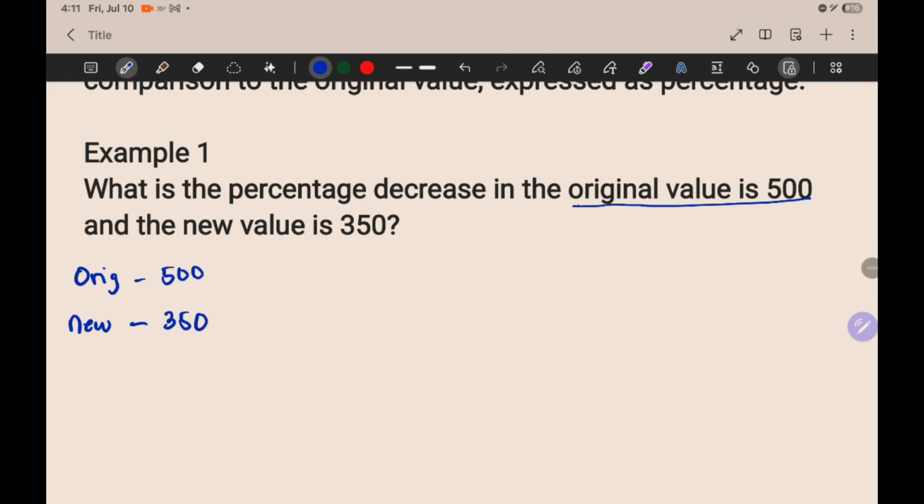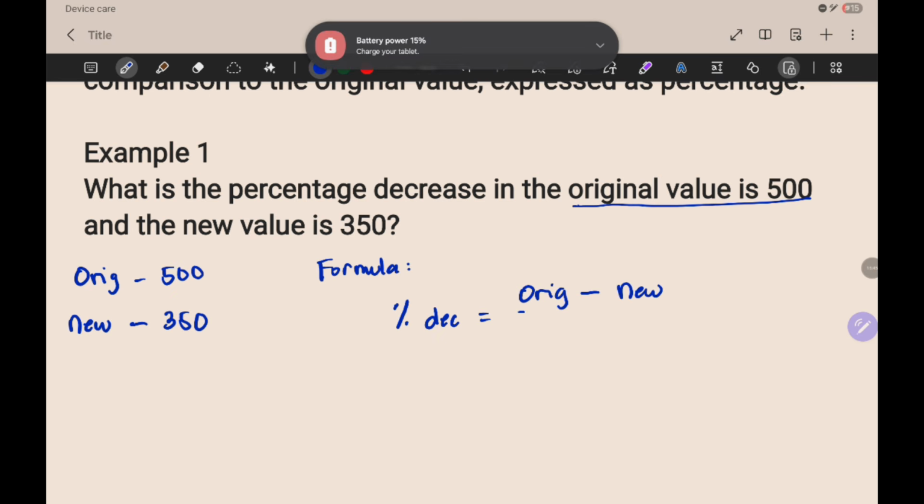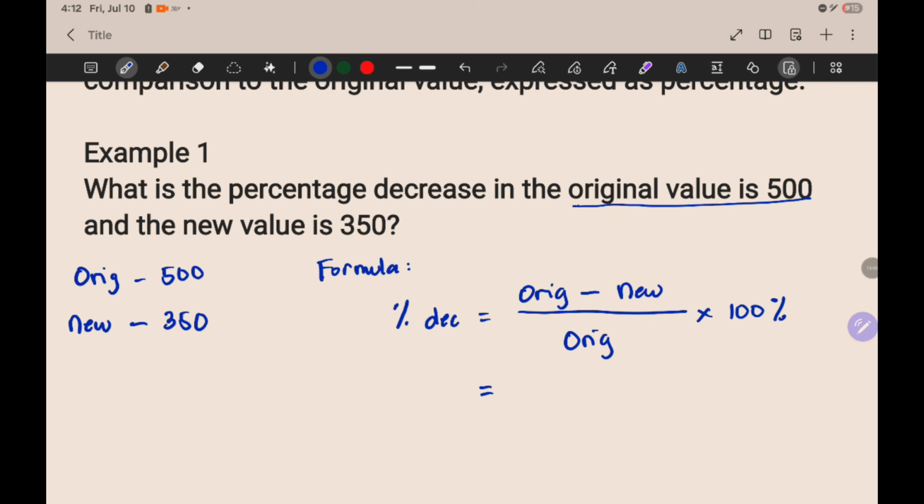So, now, ano yung formula na gagamitin naman natin? So, almost the same lang naman sila ng formula ng percentage increase at saka percentage decrease. So, however, sa percentage decrease, we are using the original value minus the new value all over the original value times 100%. So, original value na yung nauna kasi mas malaki siya eh.